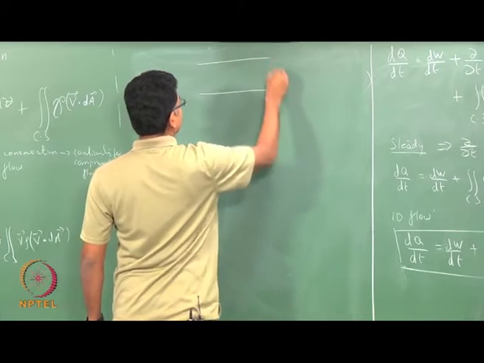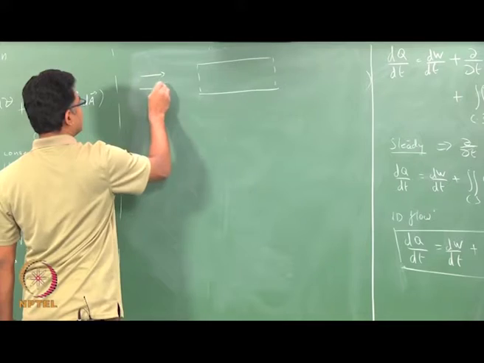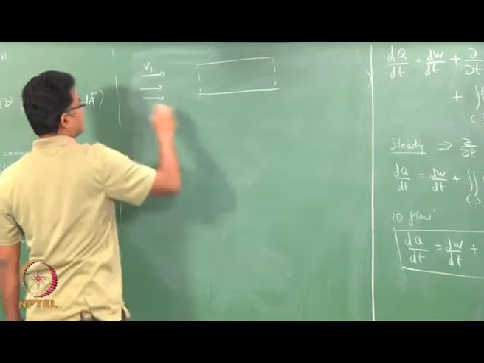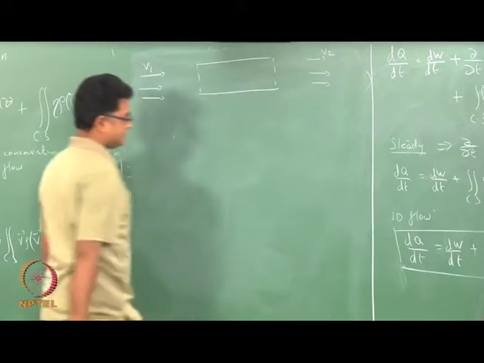I have this control volume and fluid is coming in with V1 and going out with V2.